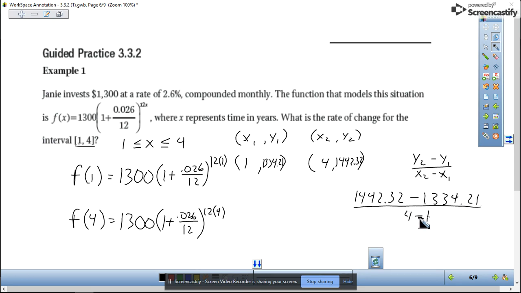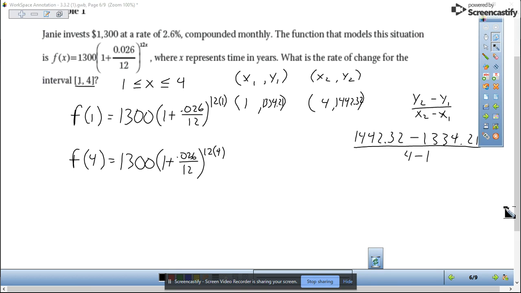Don't worry, they won't all be equal to decimals and that kind of stuff. When you do that, we get 108.11 over 3, which turns out to be 36.04.